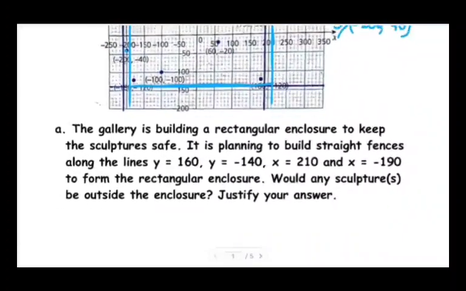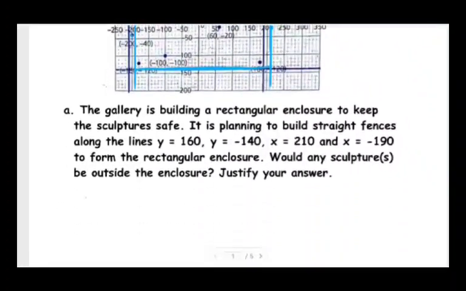Justification is simple. I'll just write these numbers down. My first one is 220 and 80.